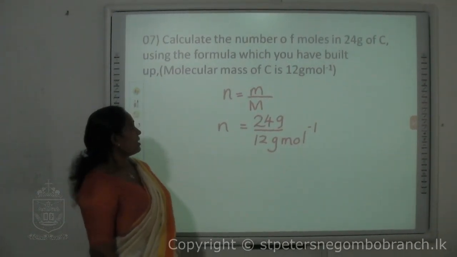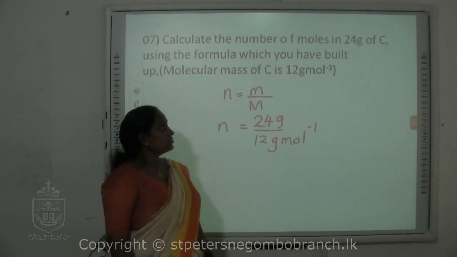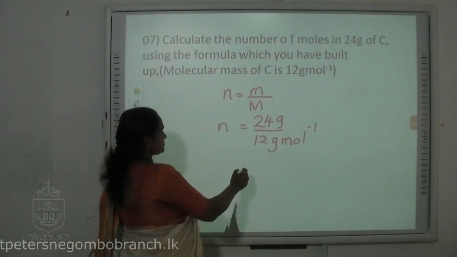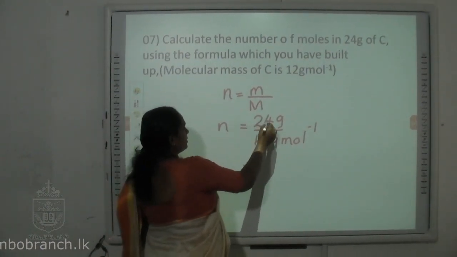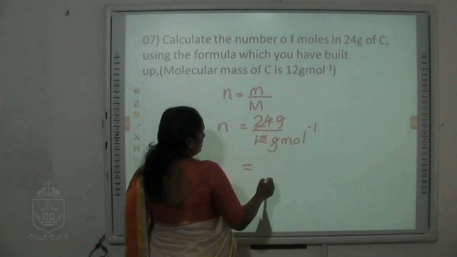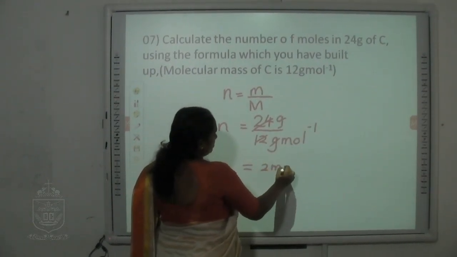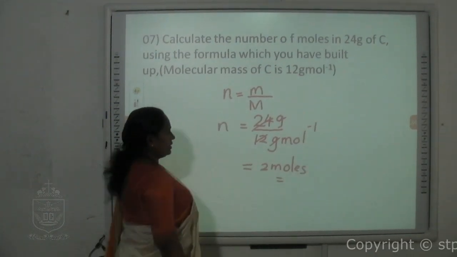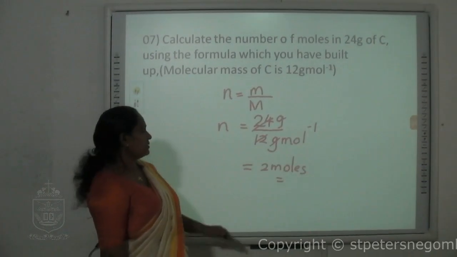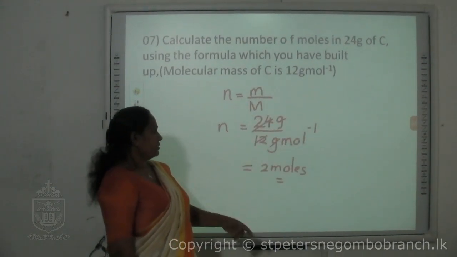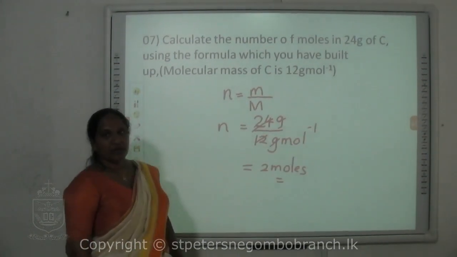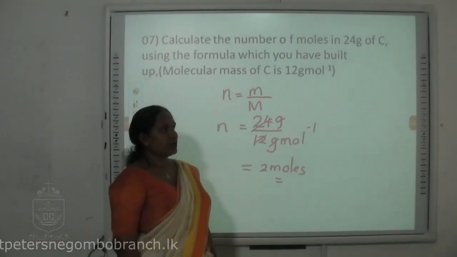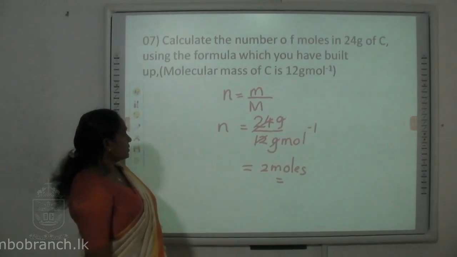When we get the molecular mass, we should know that there is a unit for it, grams per mole. Then the number of moles is 24 divided by 12, which is 2 moles. It is easy to find the number of moles by using this equation.